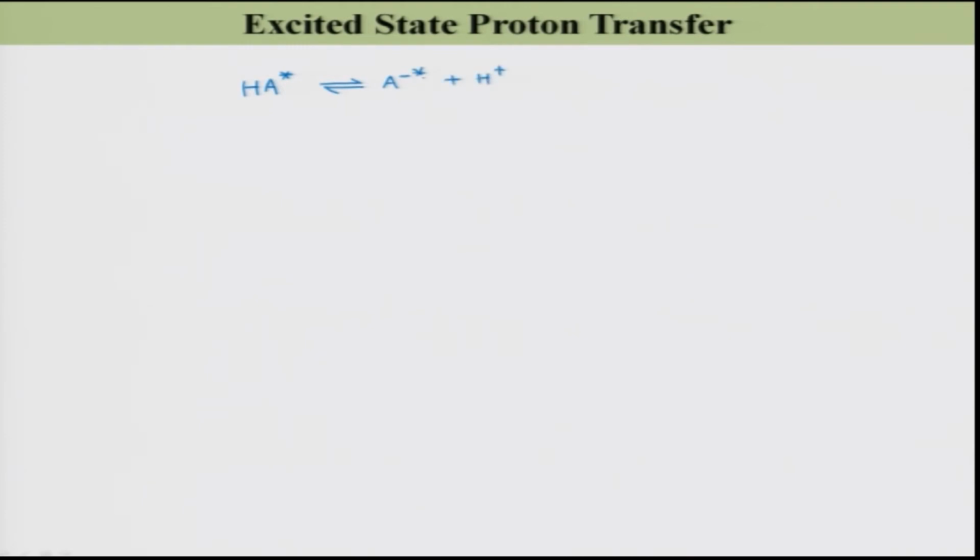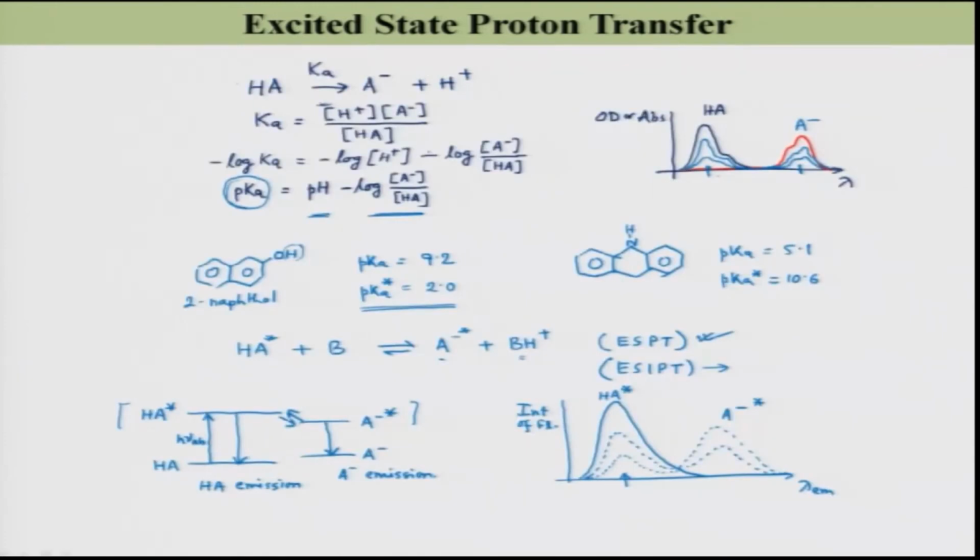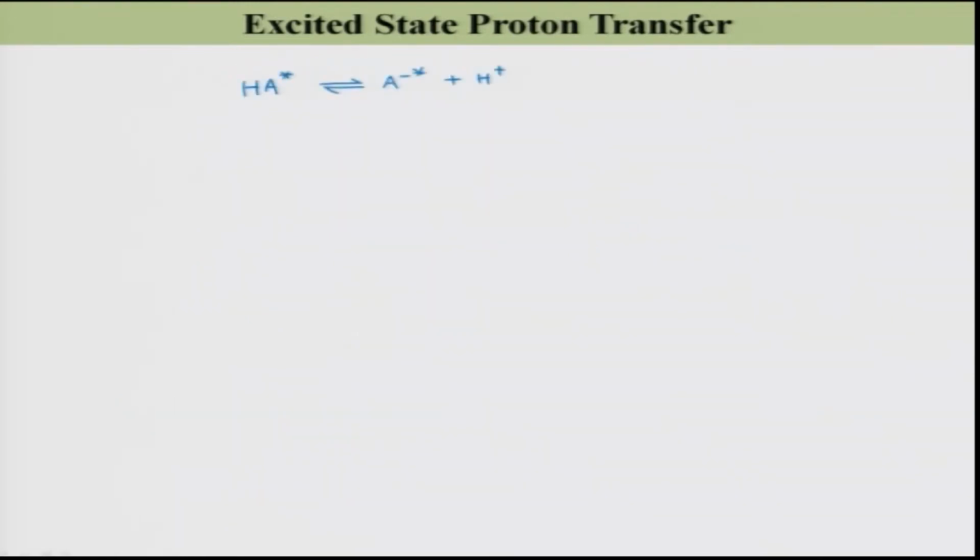You see this equation and the earlier equation are very similar, only that one is in the ground state, but this one is in the excited state. So, I can simply write this equilibrium constant as K A, but as it is in the excited state, I will write K A star.